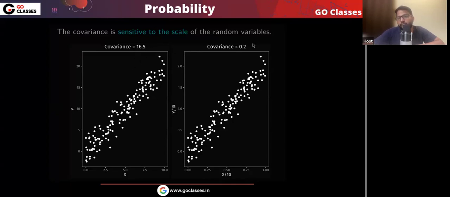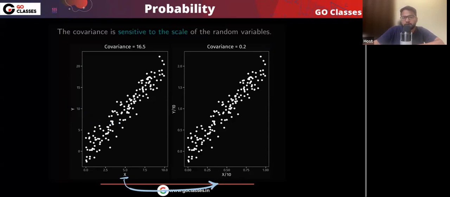So it will be 0.165, approximately 0.2. So with the same data, if we change the scale from x to x by 10, and similarly from y to y by 10, then the covariance is changing, right?